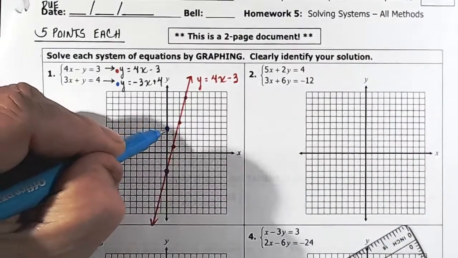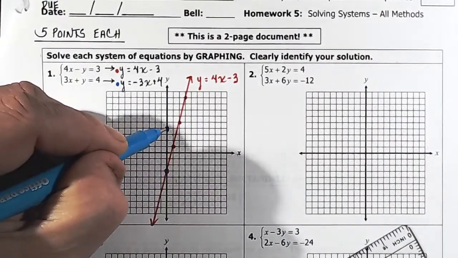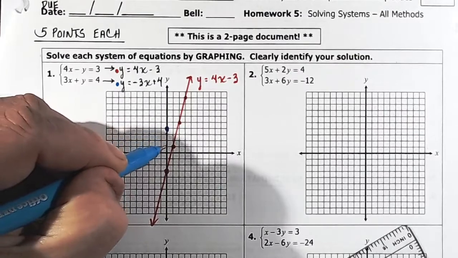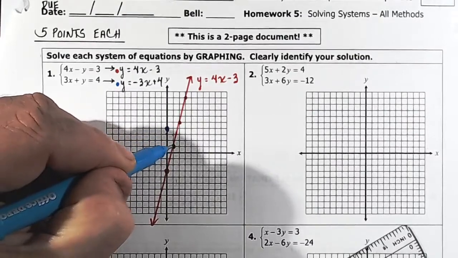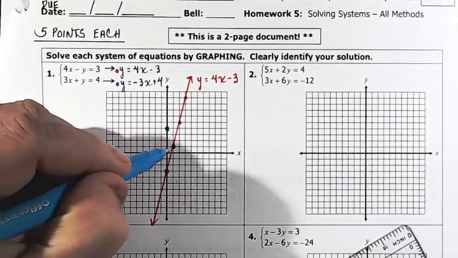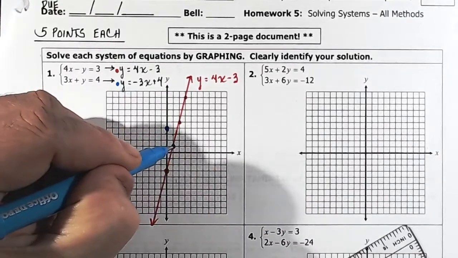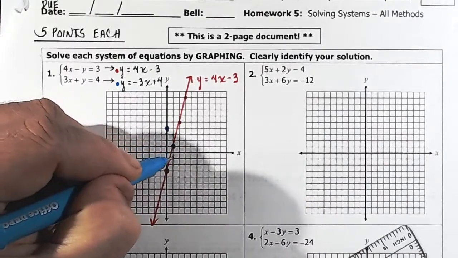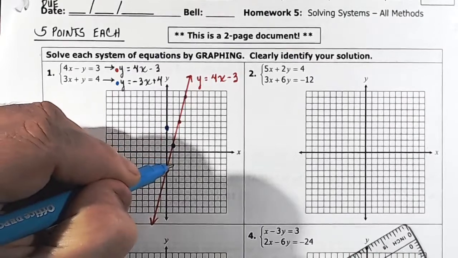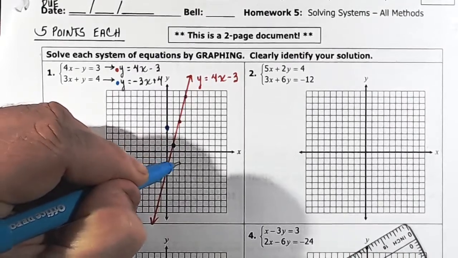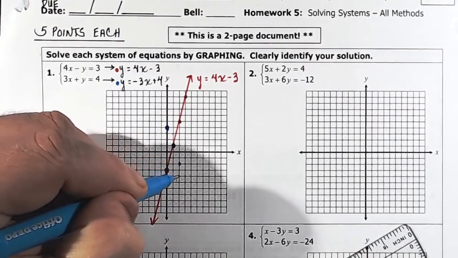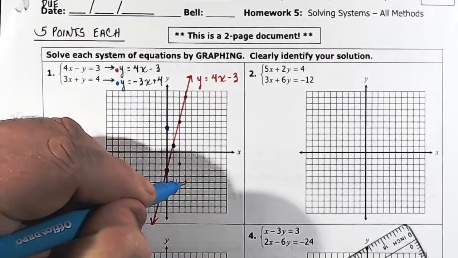So we'll go back here to this blue dot and go down 3, down 1, down 2, down 3, over 1 to the right. Okay, you see I just drew over that other point. And then we'll do it again, down 1, down 2, down 3, and 1 to the right.